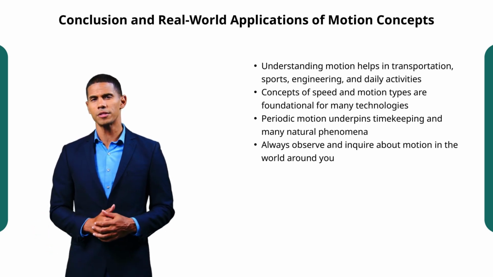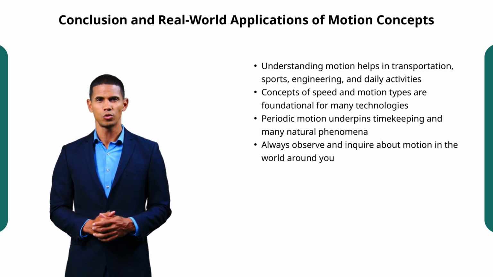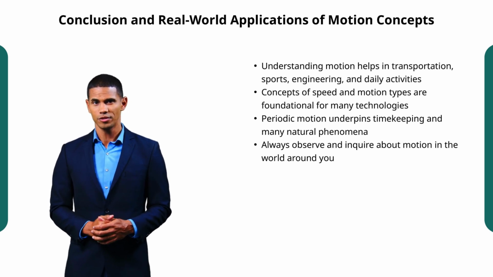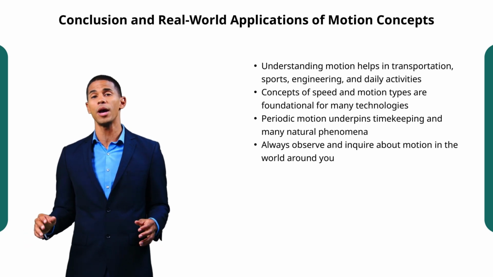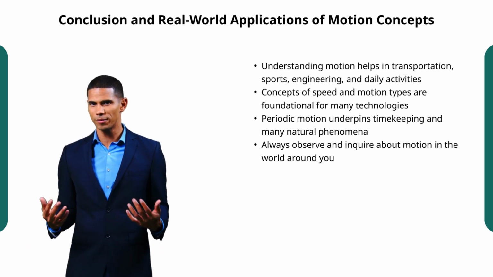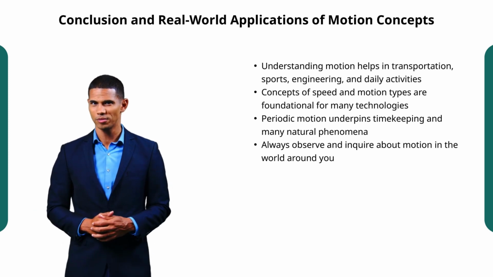Think about clocks that tick reliably because of pendulums, or traffic flow controlled scientifically to prevent chaos. Science opens the door to curiosity, so keep your eyes open in everyday life for examples of motion and speed. Ask why and how things move the way they do. That's the spirit of a scientist.